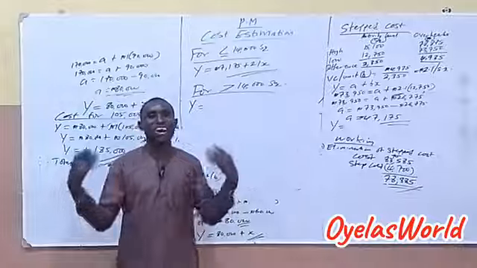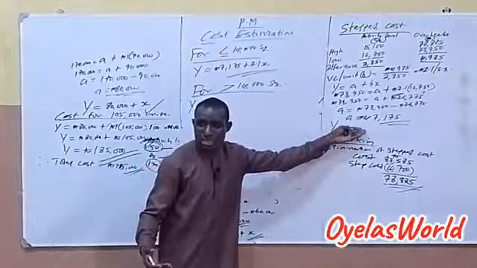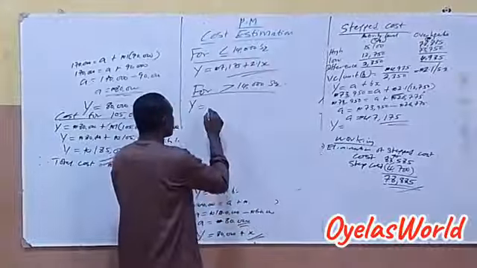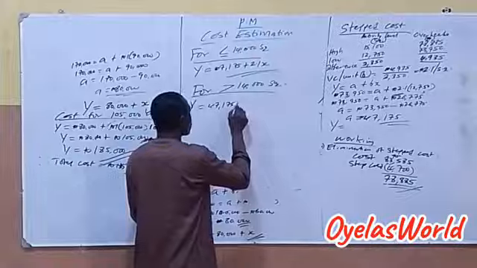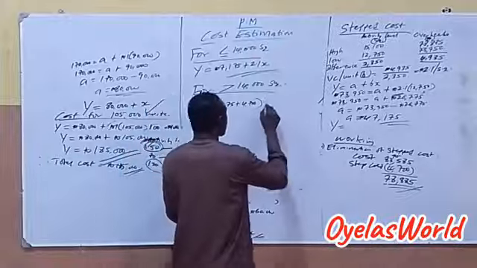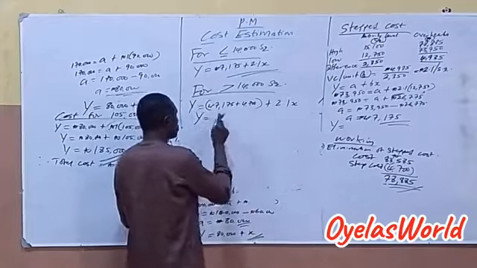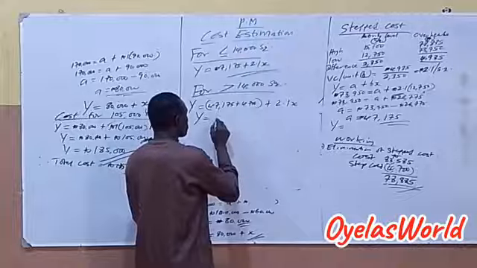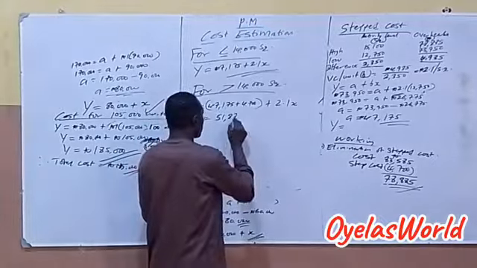We now add it. It will now be 47,175 plus 4,007, that is the fixed cost, plus 2.1x. It now becomes y equals 51,175 plus 2.1x.